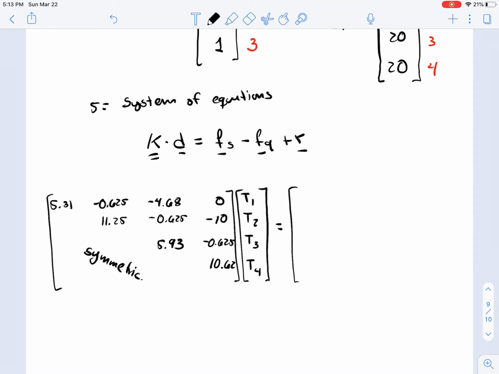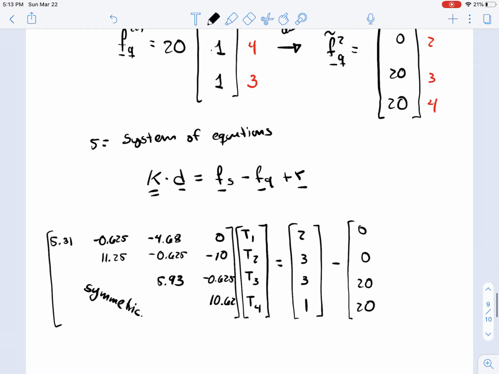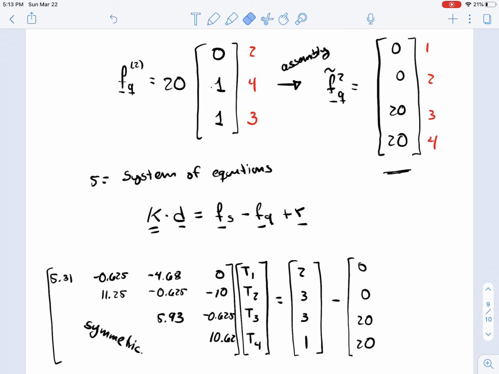I actually have calculated the numbers ahead of time, so let me just copy that. So that is 2331. I calculated that already, and then minus the flux term, and that one is just 0, 0, 20, 20. That's this guy right here.